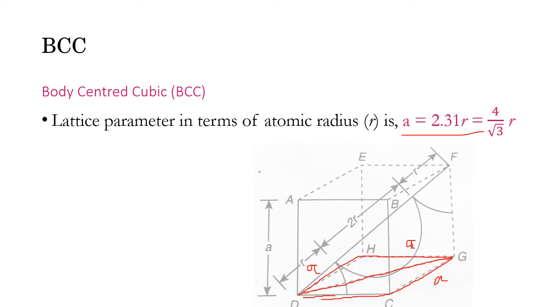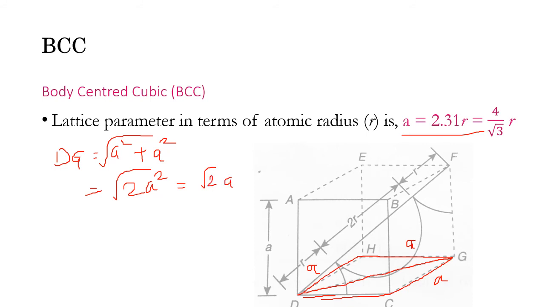So if you apply the Pythagoras theorem, then the face diagonal DG, so we want to find out DG, which is equal to the square root of a squared plus a squared. So by applying Pythagoras theorem, we get 2a squared, so this comes out to be root 2 a. So this is the length of the face diagonal DG, so this is root 2 a.